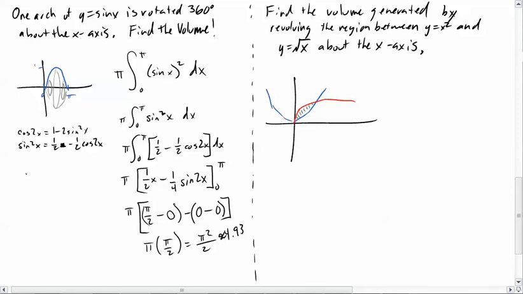Again, we've got rectangles, right? And so we're going to deal with those rectangles, and we're going to take those and rotate them around the x-axis there. Okay?